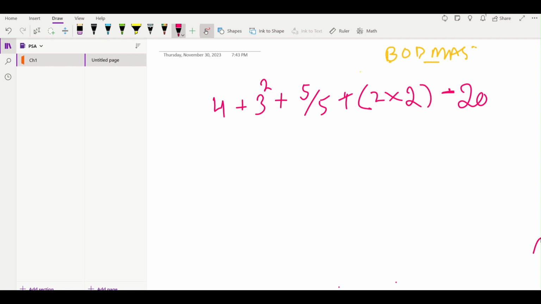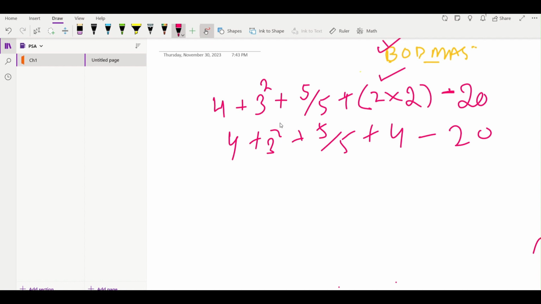First of all, we have to solve the bracket. The rest of the terms remain the same. We will do this step by step, so it is easy. So 2 multiplied by 2 is 4, minus 20. We are done with this. Then, after that, order. I said that x square, e square and under root are orders.